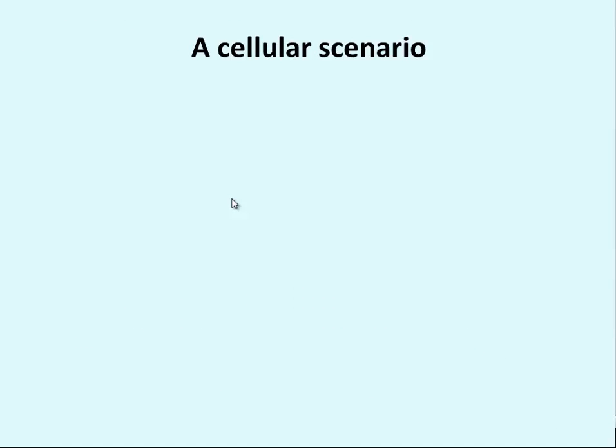Okay, so I'm going to give what I call a cellular scenario. I'm doing this to introduce concepts and get your mental framework that we can compare, and afterwards I'll draw an analogy.